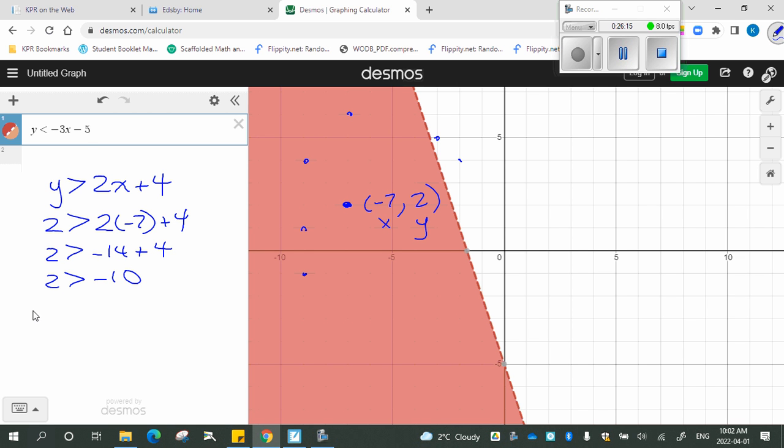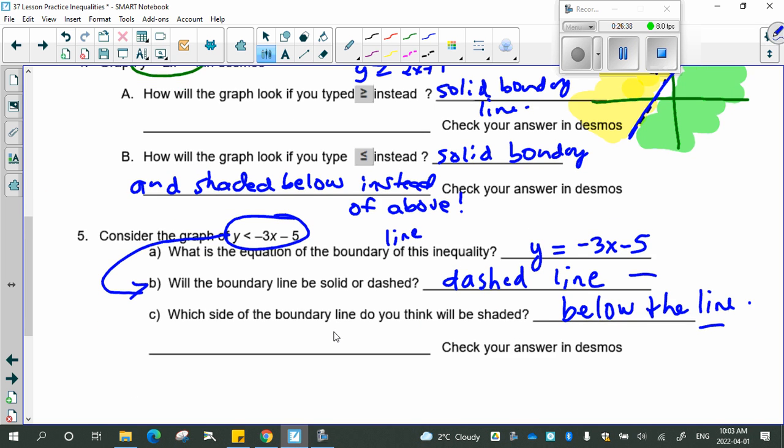So there's our minus 5, our initial value or y-intercept. And then negative 3 means down 3 over 1, or up 3 left 1, which is true. So it's following the right pattern. And it's shaded below it, not above it, just like we predicted. Very good. Okay, all right, back to this.